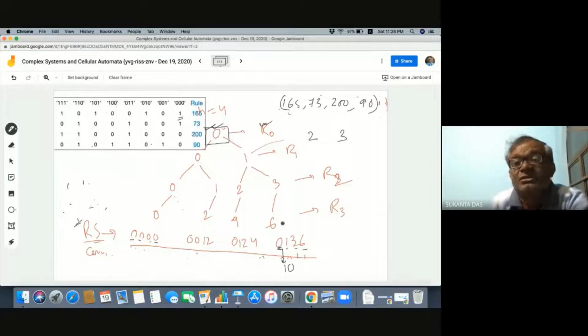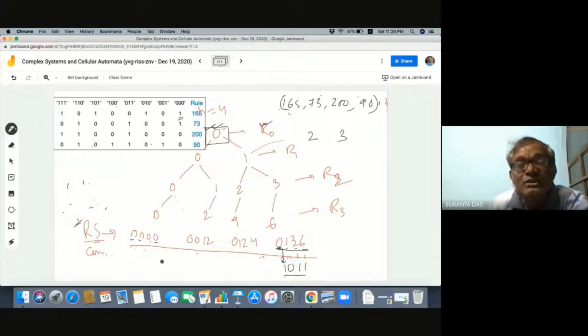Then for RMT 3 of rule 200, the output is 1. Then RMT 6 of rule 90, the output is 1. So I get a pair: this RMT sequence and this configuration. Once I get the RMT sequence, by applying the rules I can get the configuration. So I can associate one RMT sequence with a configuration.